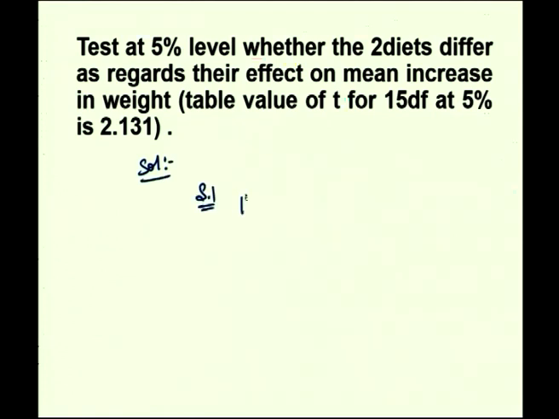Step 1: H naught is mu 1 is equal to mu 2. Mu 1 equal to mu 2 implies the increase in weight of the cows fed with diet X is the same as the effect of diet Y on cows.